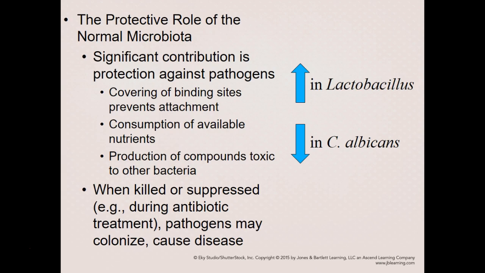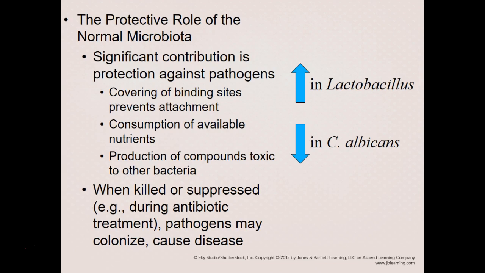So I told you that the majority of our microbes are beneficial to us, and here's an example. Lactobacillus is one of our common gut microbes, and it is protective against other microorganisms. So if we kill off the lactobacillus, then Candida albicans, which is a yeast, can start growing out of control.